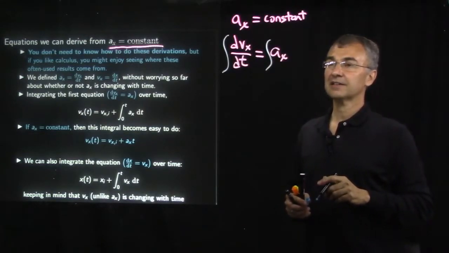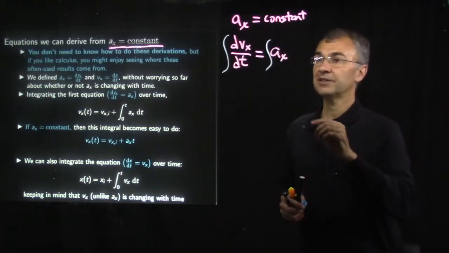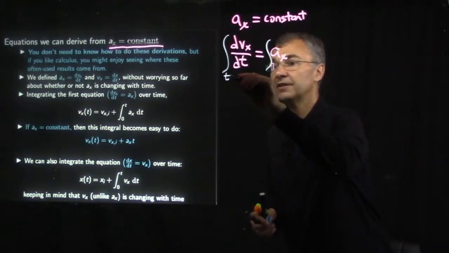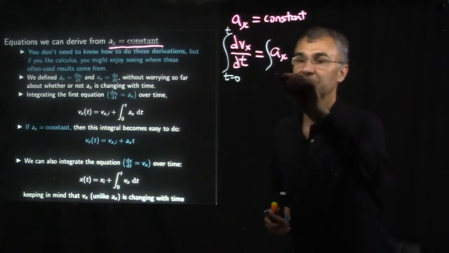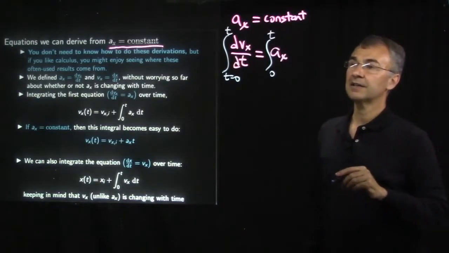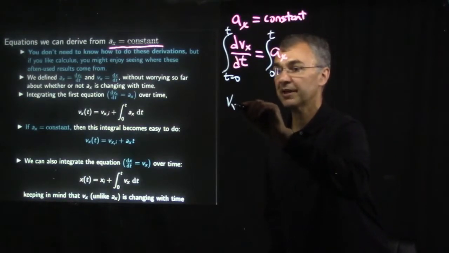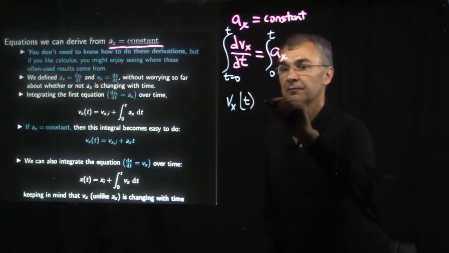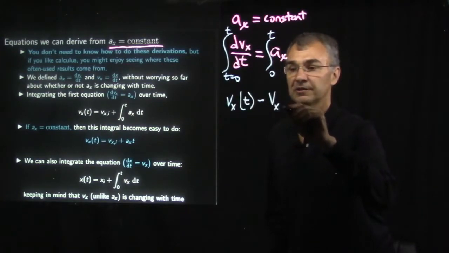And on the left-hand side, if we integrate dv sub x by dt, and we do this starting at t equals 0, and we go up to t equals t, from 0 to t, then on the left-hand side we get v sub x of t minus v sub x initial.